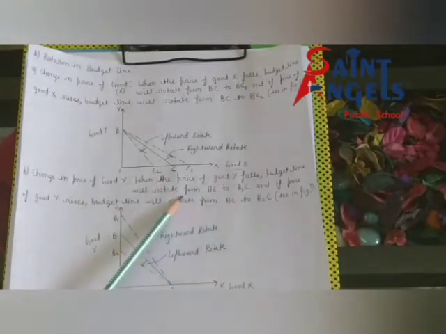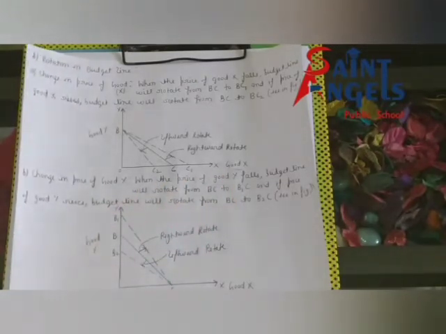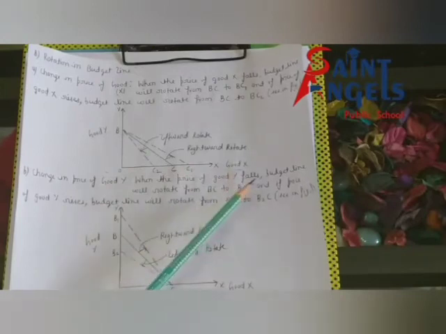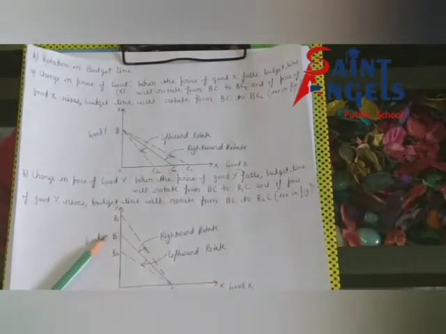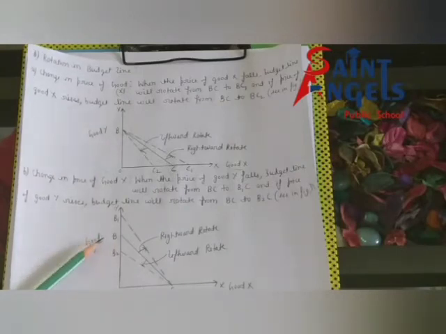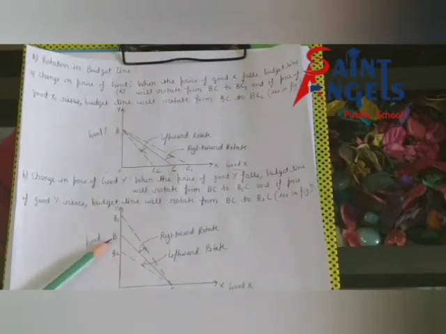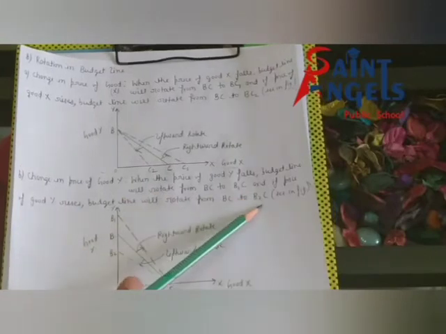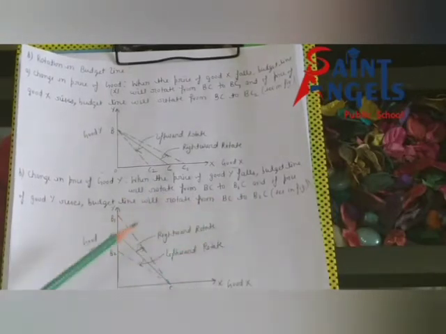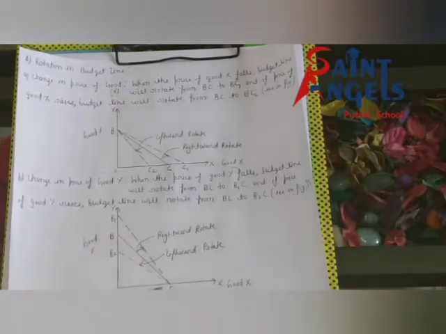And if the price of good Y rises, the purchasing power of the consumer will decrease in case of good Y. So the consumer will purchase less quantity of good Y, that is OB2. The budget line will rotate from BC to B2C.